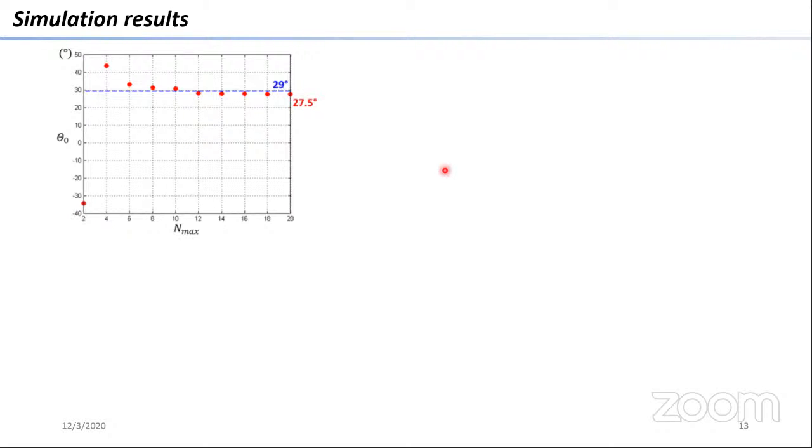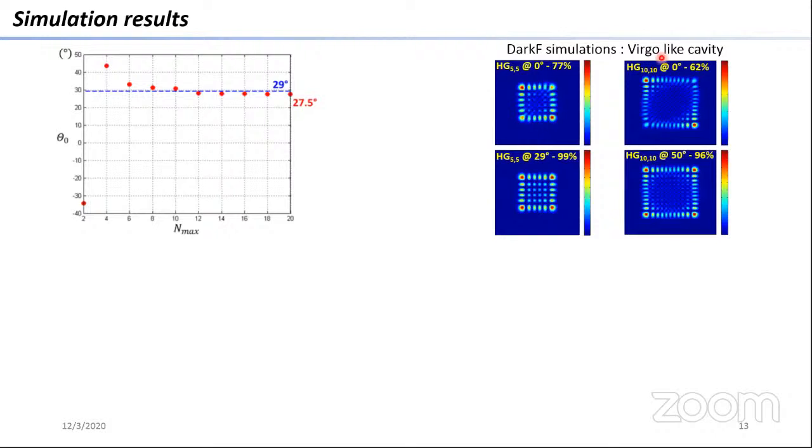We also conducted a DarkF simulation on a Virgo-like cavity, and we measured the coupling efficiency of the mode into the cavity, and we see that by turning the mirror by 29 degrees, we recover a nice mode with 99% of coupling efficiency, which is in agreement with the other formalism.